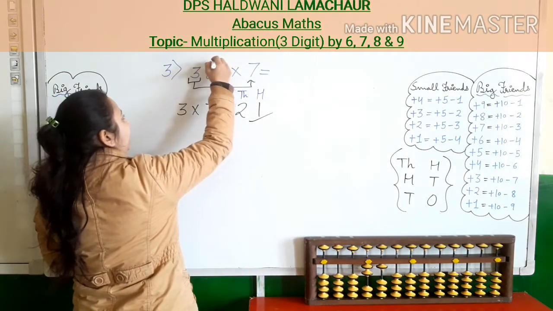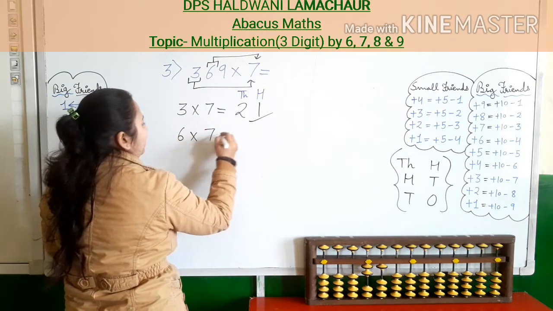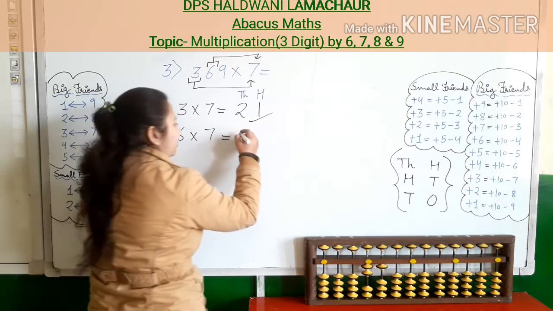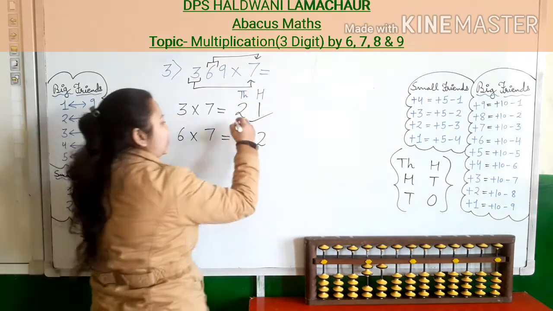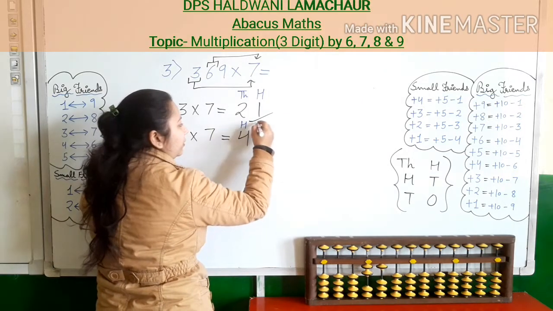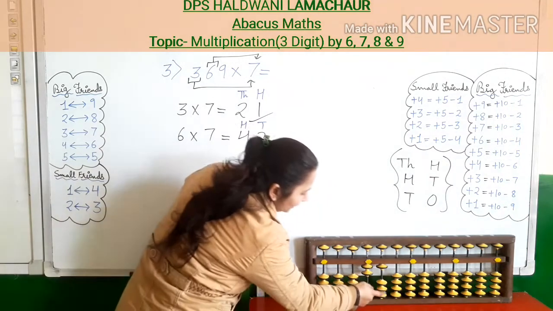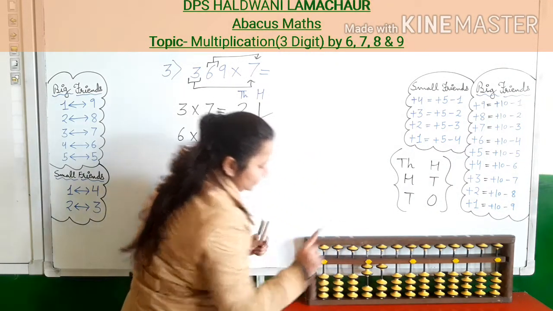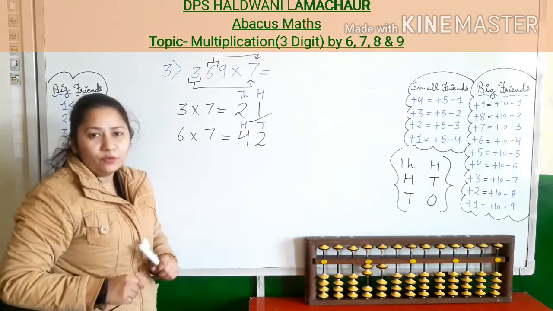Now multiply the next digit with 7. 6 into 7. 7 6s are 42. Now according to pattern, the first digit will go in 100 slot and the second will go in 10 slot. Now 4 you have to add in 100 slot. See this 100 slot, 1, 2, 3 beads are there. Only 3 beads are there and you have to add 4.